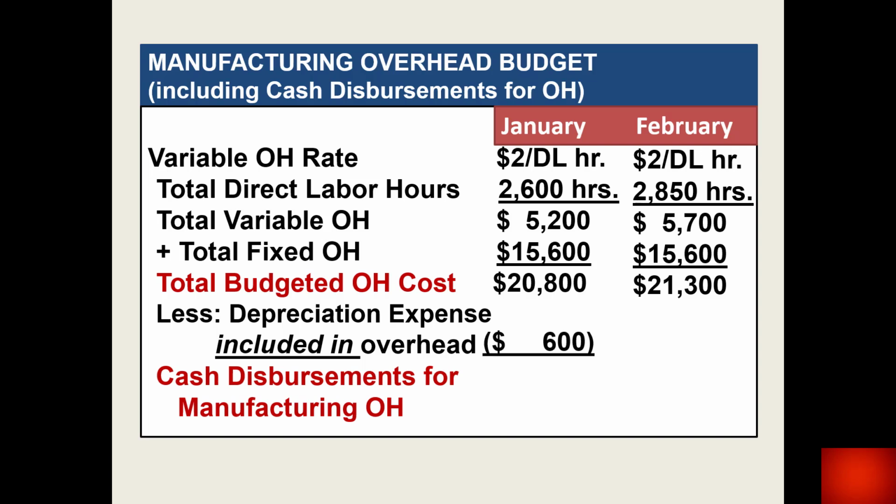That amount was given to be $600, so while $20,800 of overhead cost will be incurred, the cash paid for that will only be $20,200. In February, $21,300 will be incurred, minus the $600 of depreciation. The cash paid for overhead costs will be $20,700.